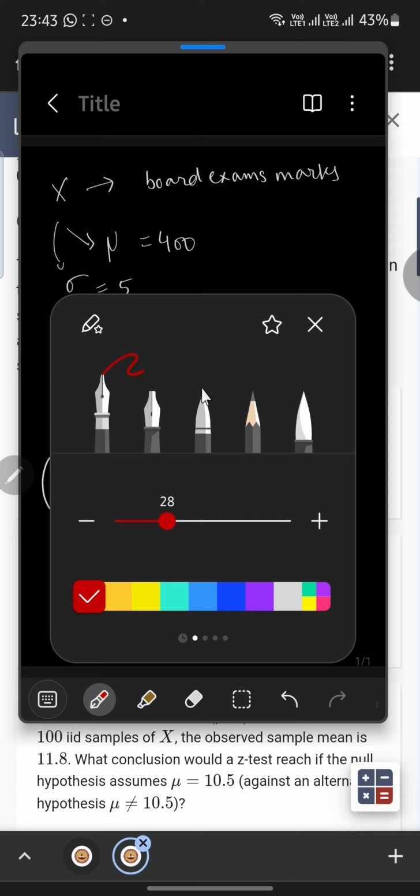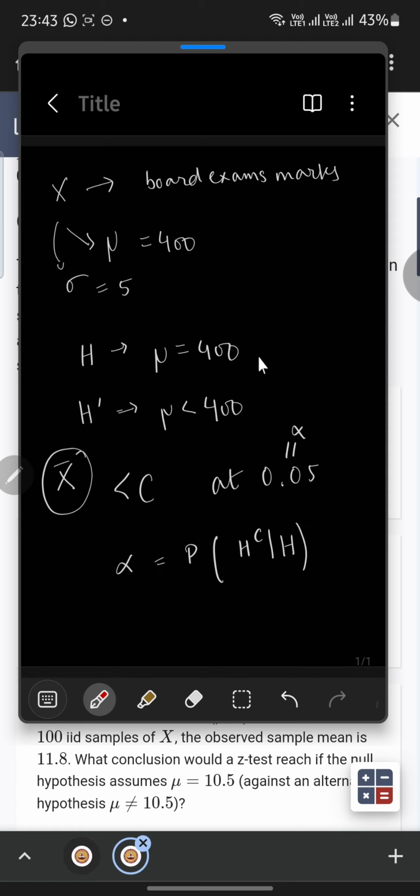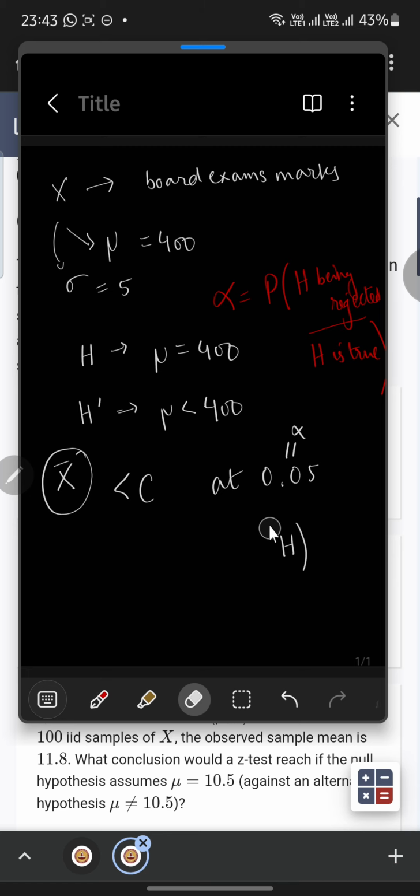Let me use another pen here. Probability alpha is equal to the probability of H being rejected, right? Conditional on the probability that H is true. I hope you get my point here. So this is basically the alpha I am trying to consider, so we will just find the probability for this.